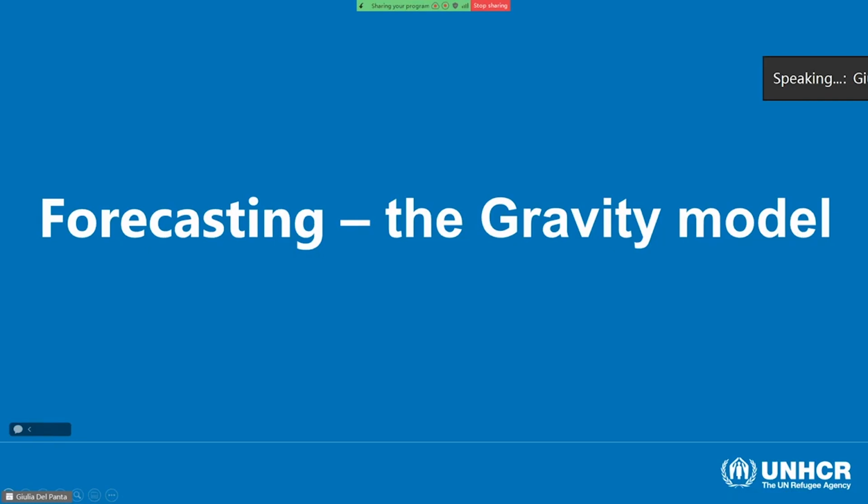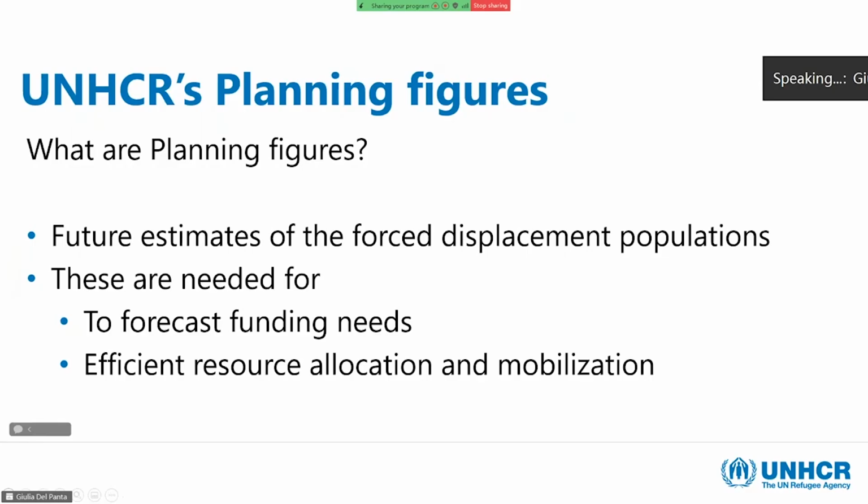And before I explain what the gravity model is, I thought of explaining what UNHCR's planning figures are. These are basically future estimates of the forced displacement populations in the next 3 years.